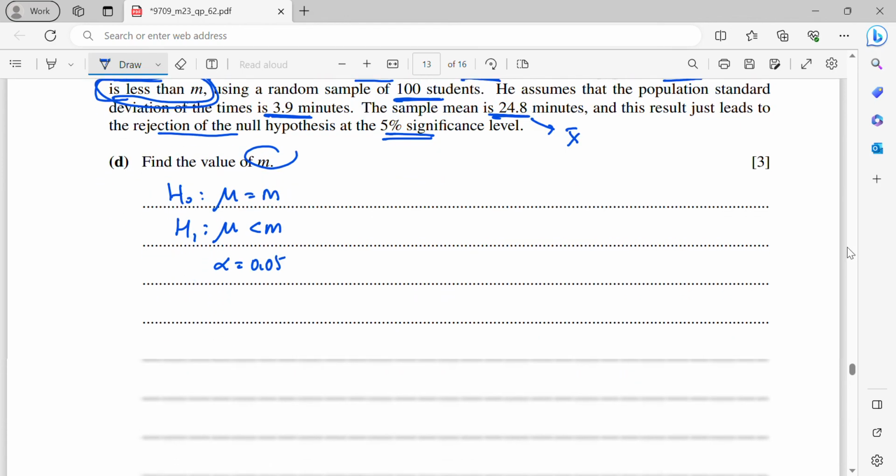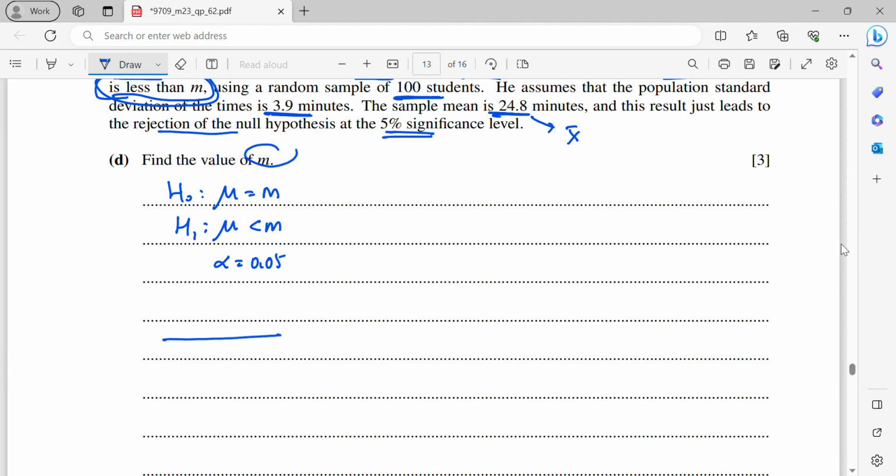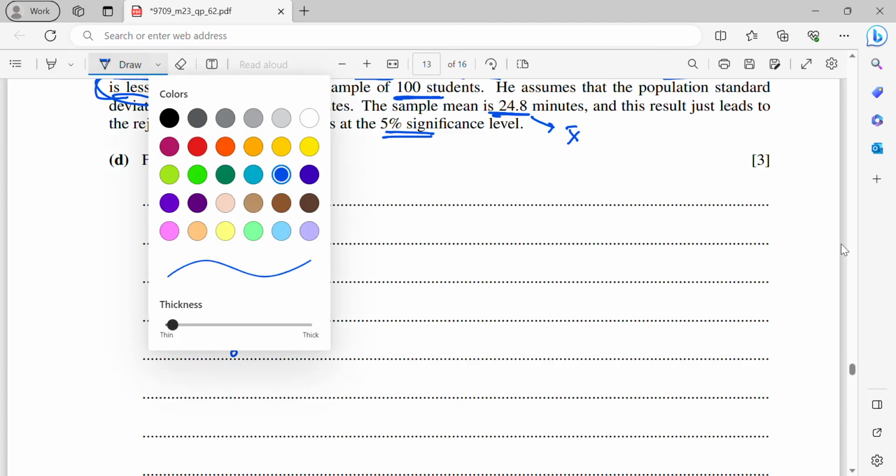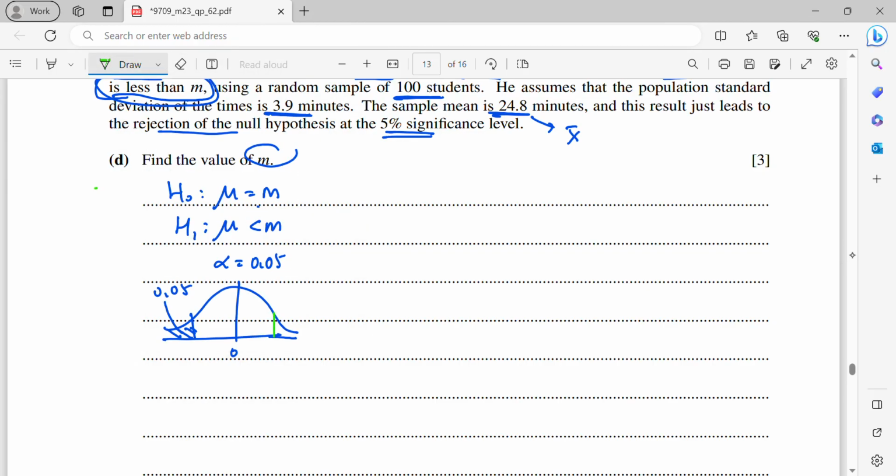Then now I will sketch a graph first. Since this is less than, that means the region is on the left hand side and this is going to be 0.05. And then now I need to flip it. So when I flip, this is going to be 0.05 and all the previous probability is going to be 0.95.